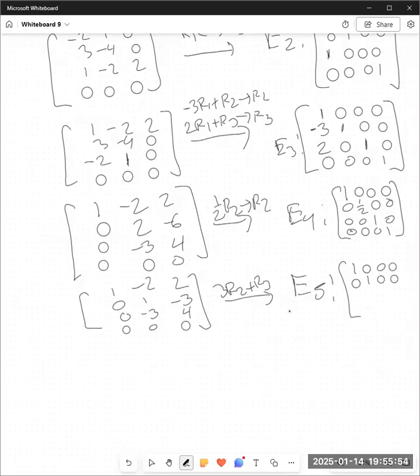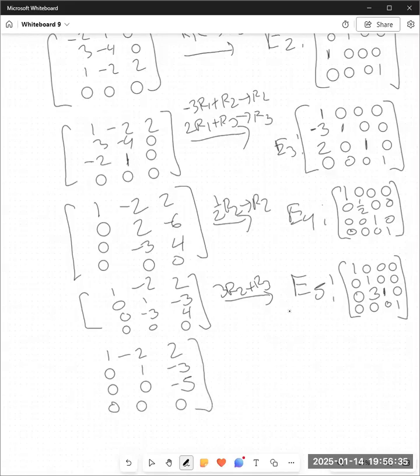So row 3 is 0. There's a 1 there, 1 row 3, and 3 row 2s, like that, and then 0, 0, 0, 1. So we have, that's going to give me 1, -2, 2, 0, 1, -3, 0, 0, -9 plus 4. It's -5, 0, 0, 0.